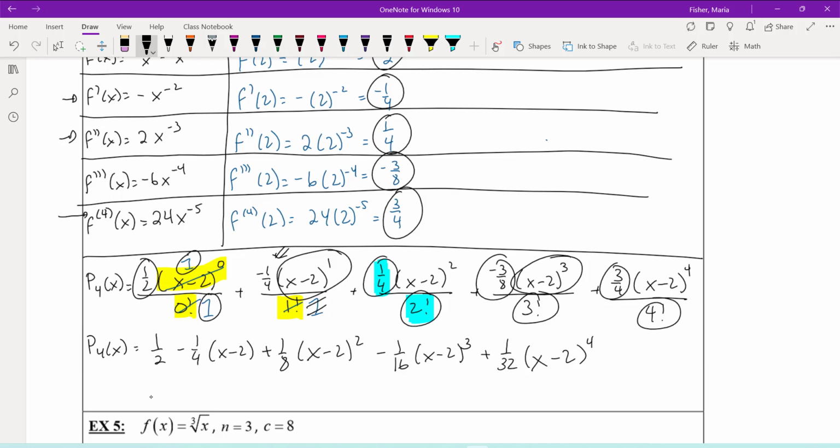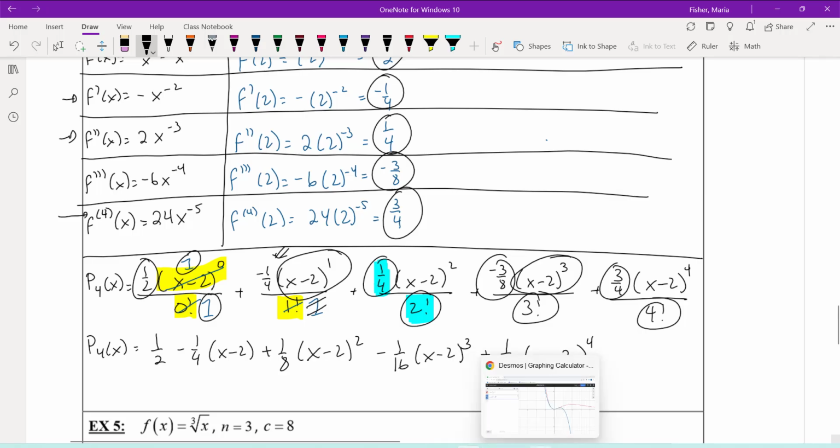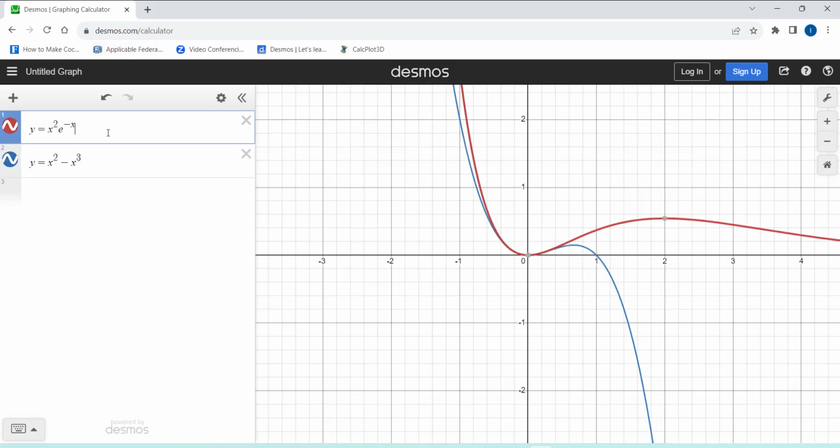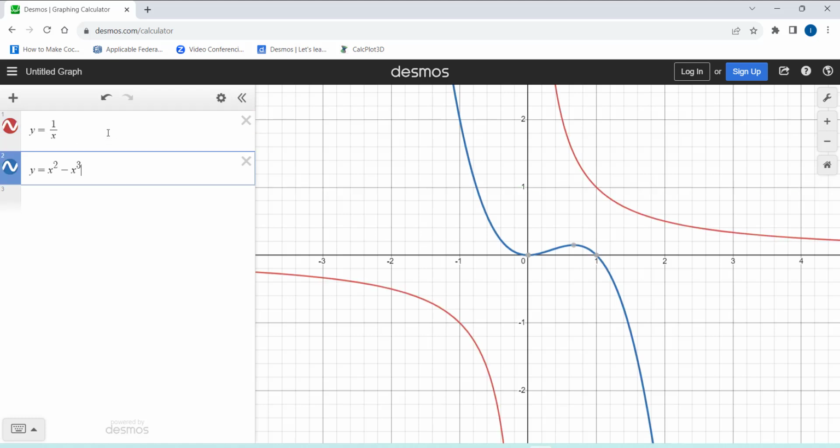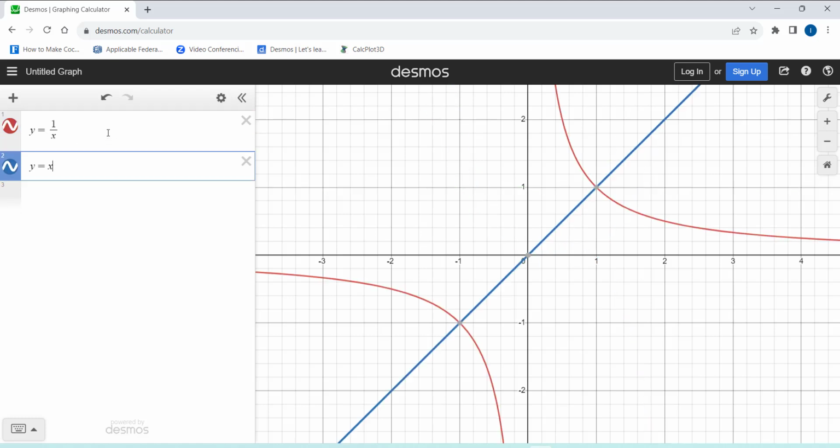And we can put this one into Desmos as well, and this is the last one I'll show you in Desmos. Remember the given function was 1/x, and we forced 1/x to be a polynomial, centered at 2.